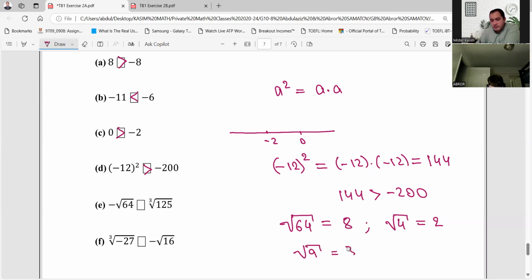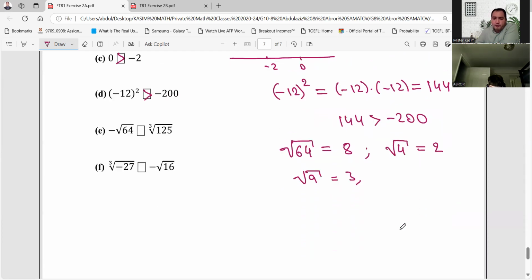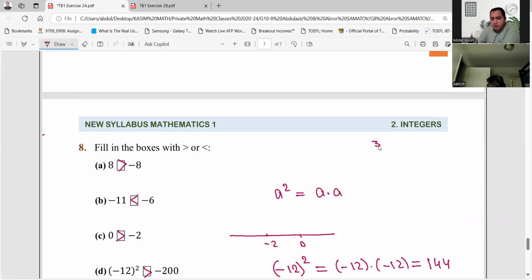It is 3. And how about cube roots? What is the cube root of 1? It is 1, right? Because 1 cubed is 1. And how about the cube root of 8? 2, right?